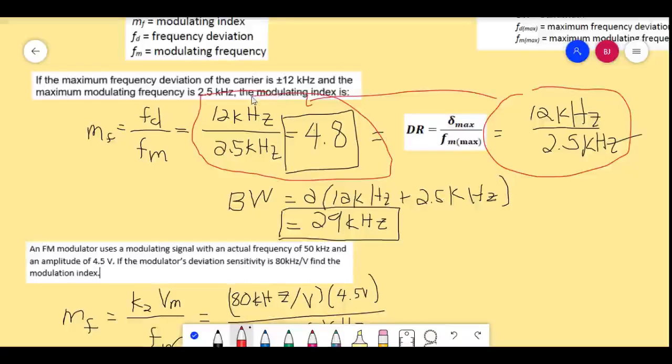So we can be 100% sure that our deviation ratio is equal to 4.8 as well. That means for FM only, deviation ratio would be equal to modulation index.